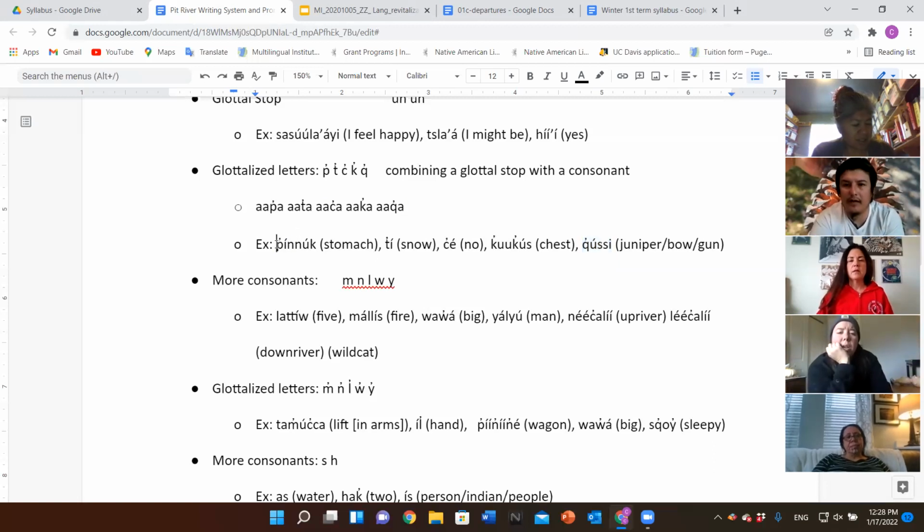Exactly. Closey is juniper. It also became a word you could use to mean a bow or a gun, but originally it means the juniper wood. And then lek is a flat area or something flat.